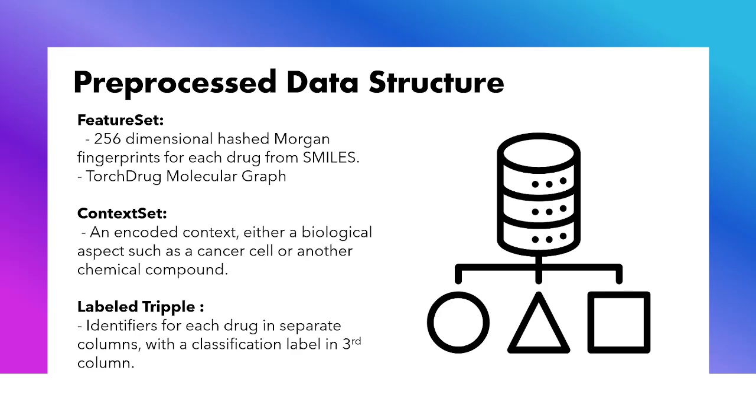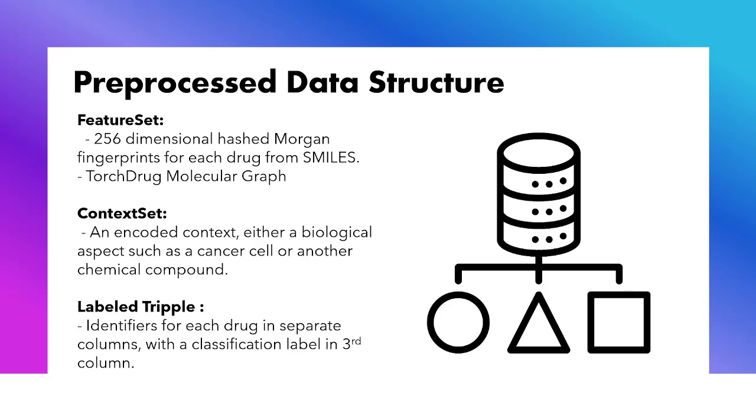Okay, this is just a listing of the pre-processed data structures available. I won't get too deep into those as well, but as we all have seen, this includes the SMILES representation of each molecule, and then the context can be a biological or a chemical compound. Then the labeled triple is basically the identifiers for the two drugs and the label itself.